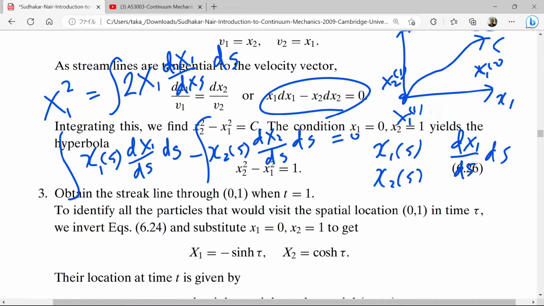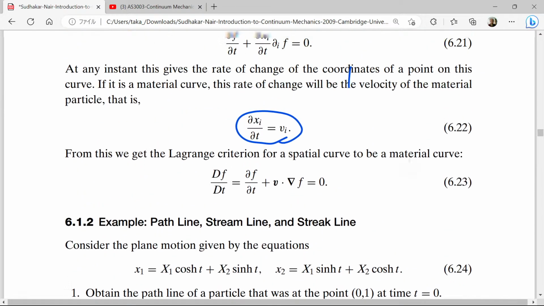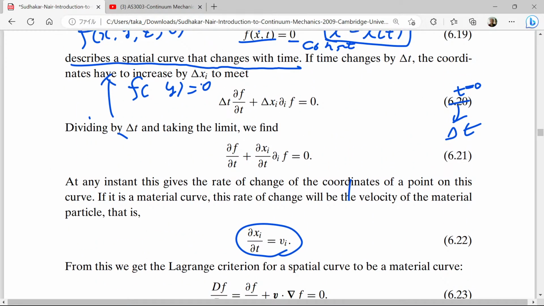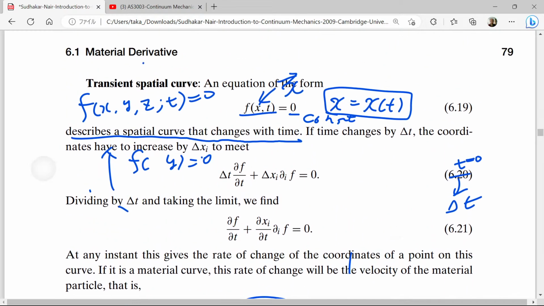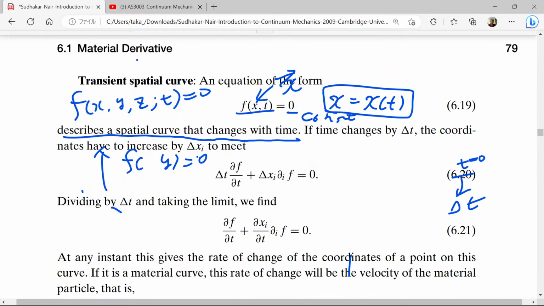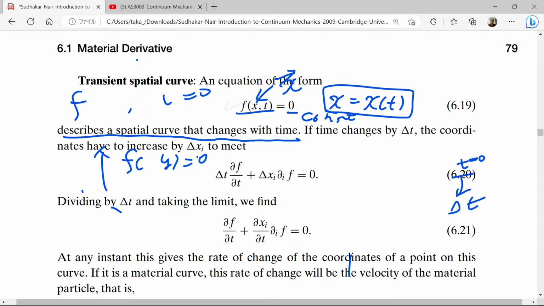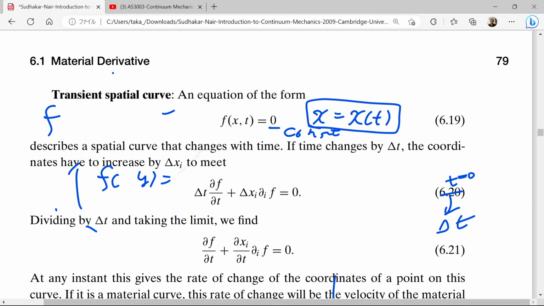Okay, so I have some additional explanation. Here, you can see this is the equation of the form that describes a spatial curve that changes with time. Spatial curve.